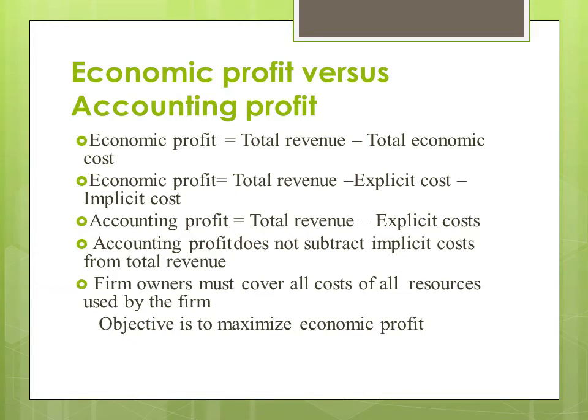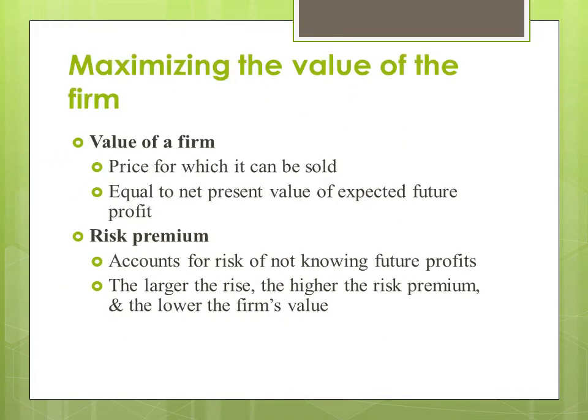A firm owner must cover all costs of all sources used by the firm. So the firm's objective is to maximize its profit and minimize its costs. Maximizing the value of the firm: the value of a firm, the price for which it can be sold, is equal to the net present value of expected future profit.